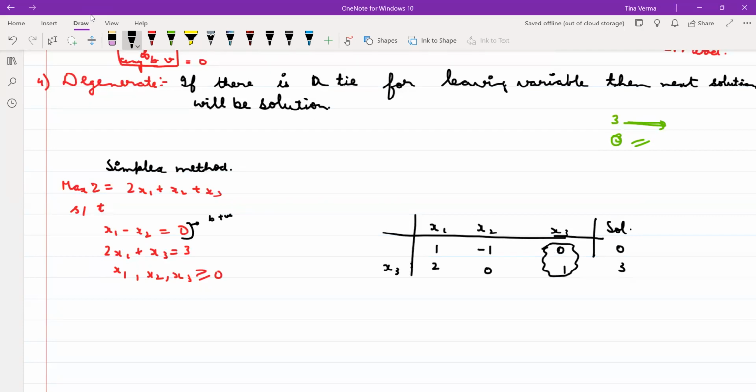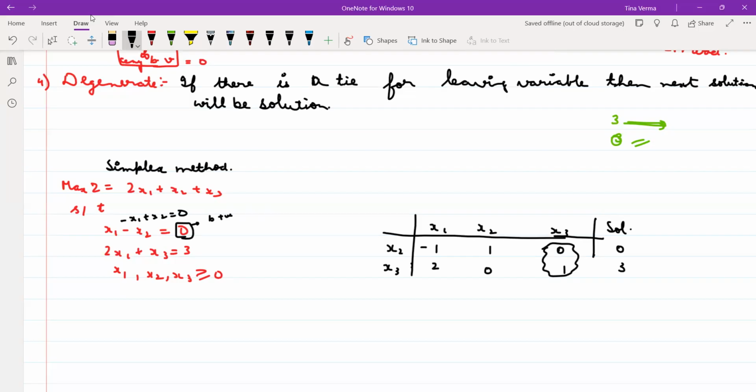But here your B is 0, so you can multiply it, and it becomes minus x1 plus x2 equal to 0. So that becomes minus 1, 1, and this becomes 0. That means you can take x2 and x3 as your basic variables, calculate your zj minus cj correspondingly, and proceed like that.